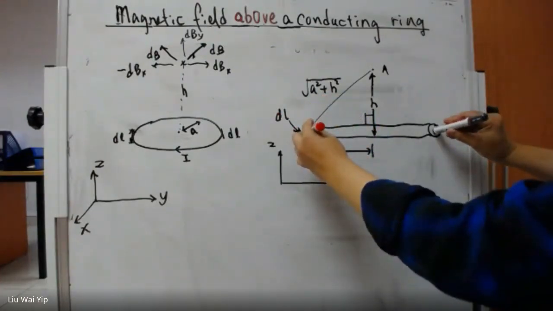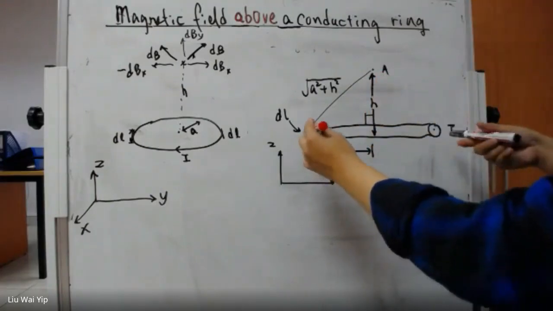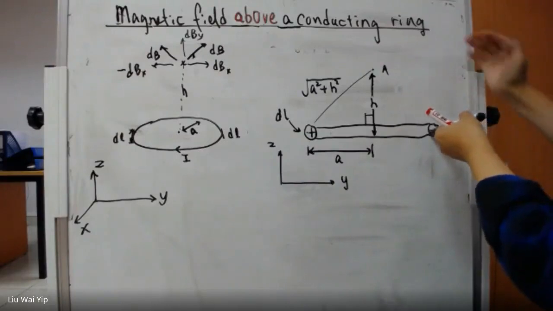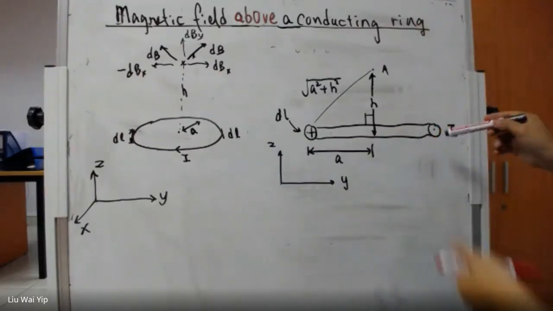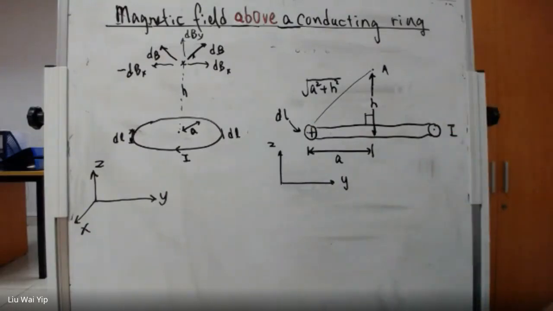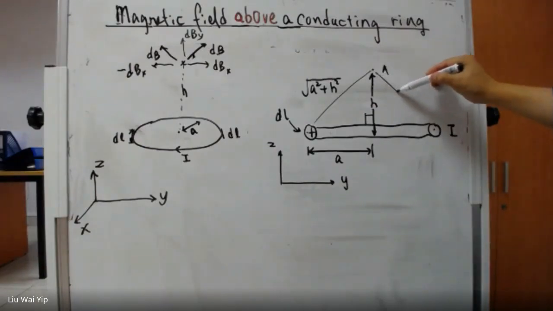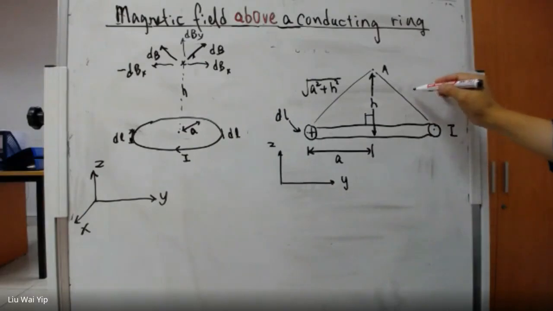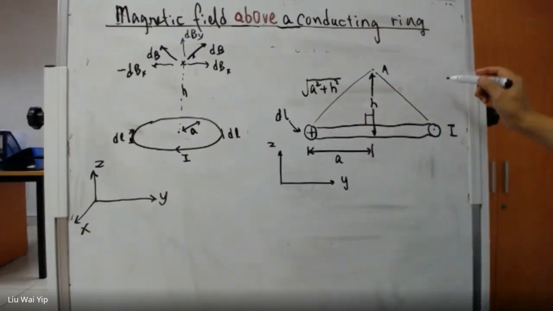Now what are you going to get for the current? It's pointing this way. If we consider this point as a source of current going in, the length here is also the square root of A squared plus H squared.